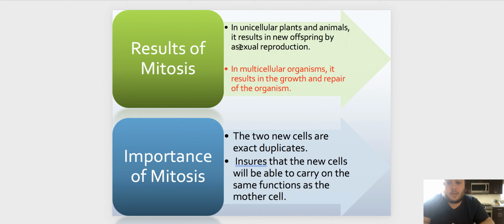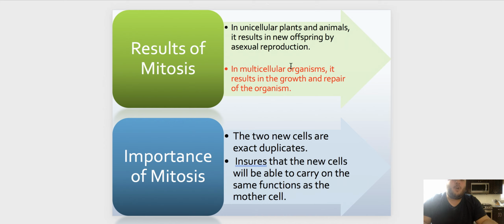So, the result of mitosis in unicellular plants and animals is new offspring by asexual reproduction. So, if mitosis is occurring in a single-celled plant or animal, then you're going to get this new offspring by asexual reproduction, meaning you will have an exact copy of that unicellular plant or unicellular animal.